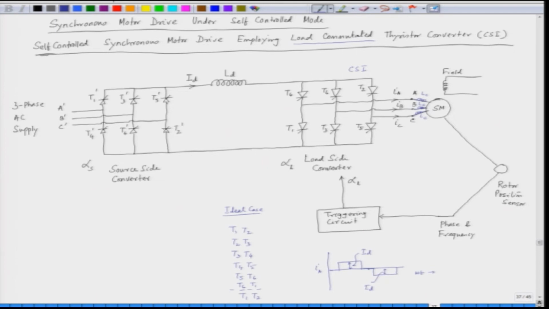This is 180 degree, pi, and this is 2 pi, and the duration of the positive pulse is 120 degree, and the duration of the negative pulse is also 120 degree. So, this is a quasi square waveform, and this is the ideal waveform.